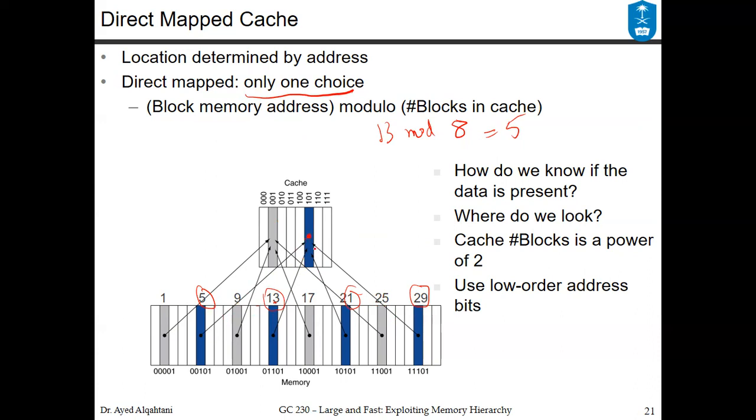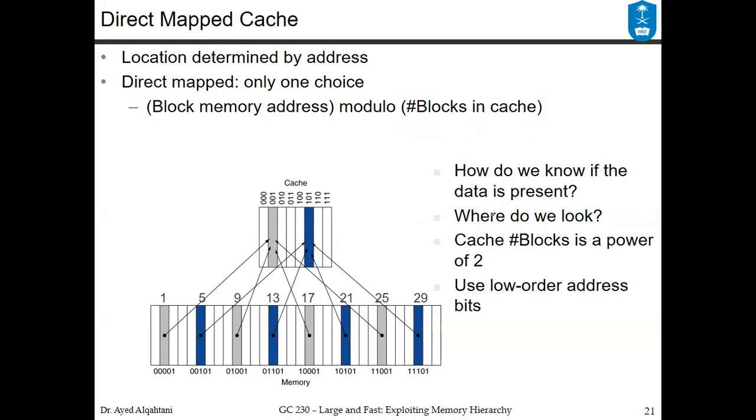Now, in a subsequent access request, you access 29, so you have to overwrite what was inside the cache. Now, to answer our questions, how do we know if the data is present?